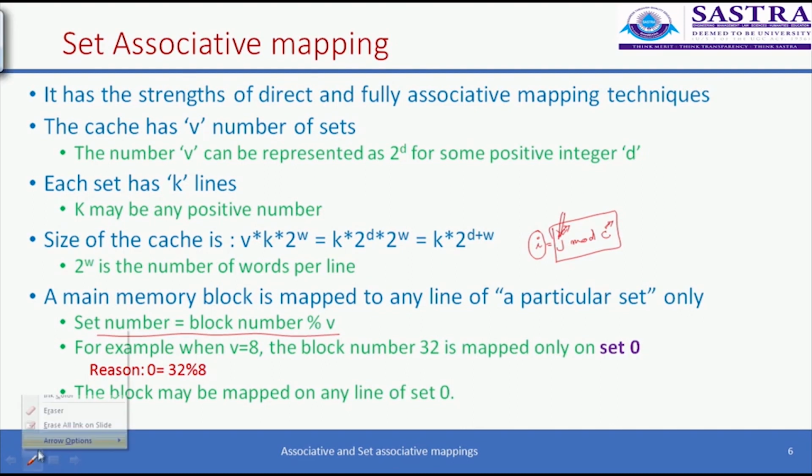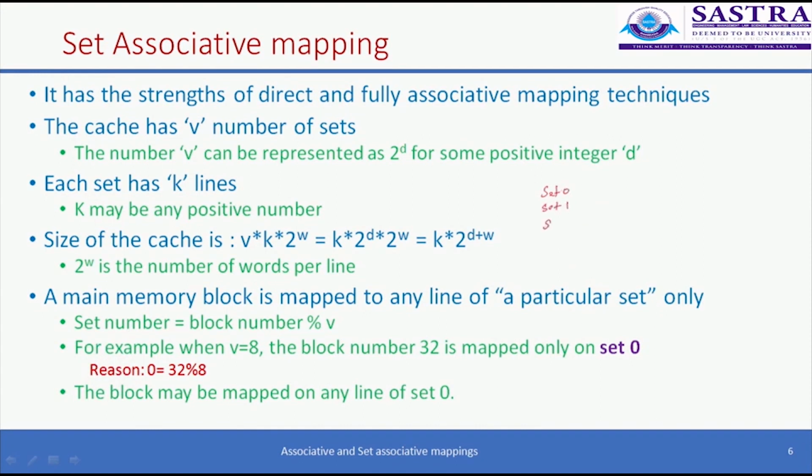For example, if the number of sets is 4, then we have 4 sets: set 0, set 1, set 2, set 3. When we divide a block number by 4, we have the remainders 0, 1, 2 and 3 only. If the remainder is 0, that will be mapped on set 0. If the remainder is 1, set 1.